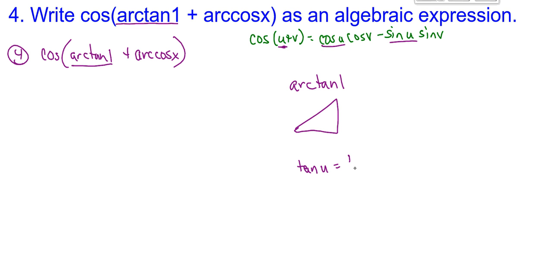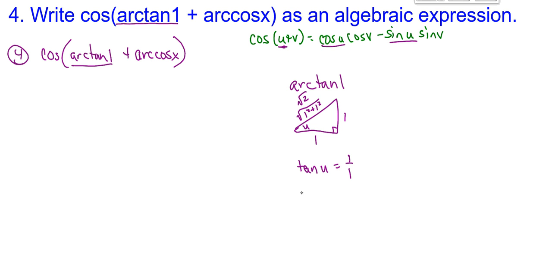So if u is right there, and tangent is opposite over adjacent, those are 1 and 1. This is an isosceles right triangle, and the hypotenuse is the square root of 1 squared plus 1 squared, so this is the square root of 2.